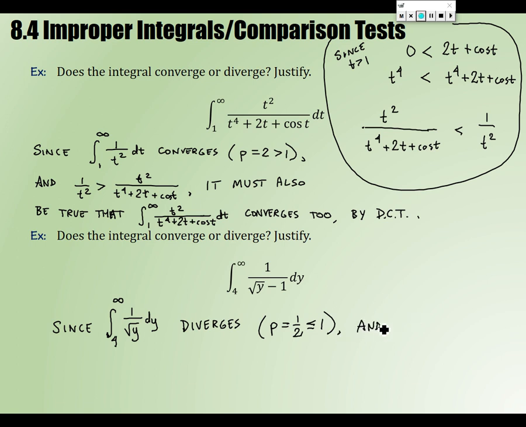And 1 over root y is always less than 1 over root y minus 1, for y greater than or equal to 1.